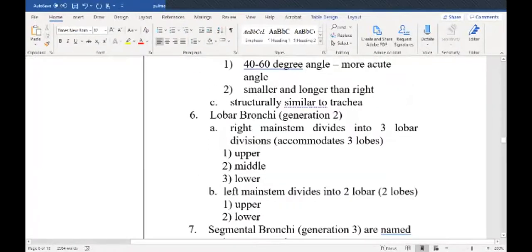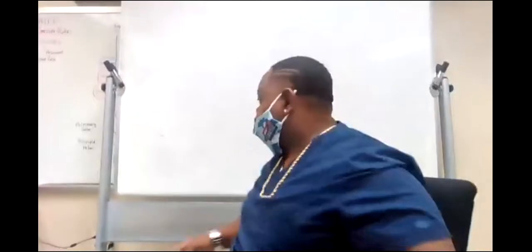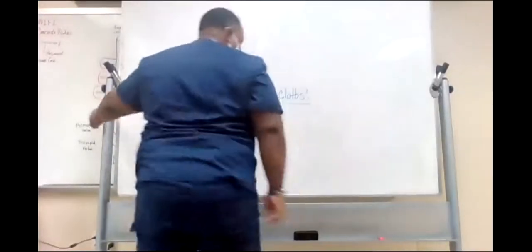The right lung has 3 lobes, and the left lung has 2 lobes. All right, so let's show it here. Already on the board.